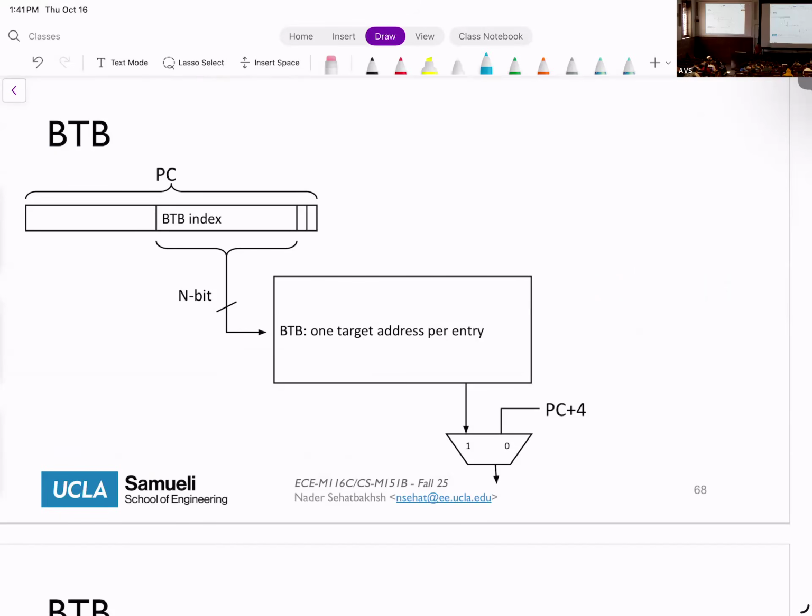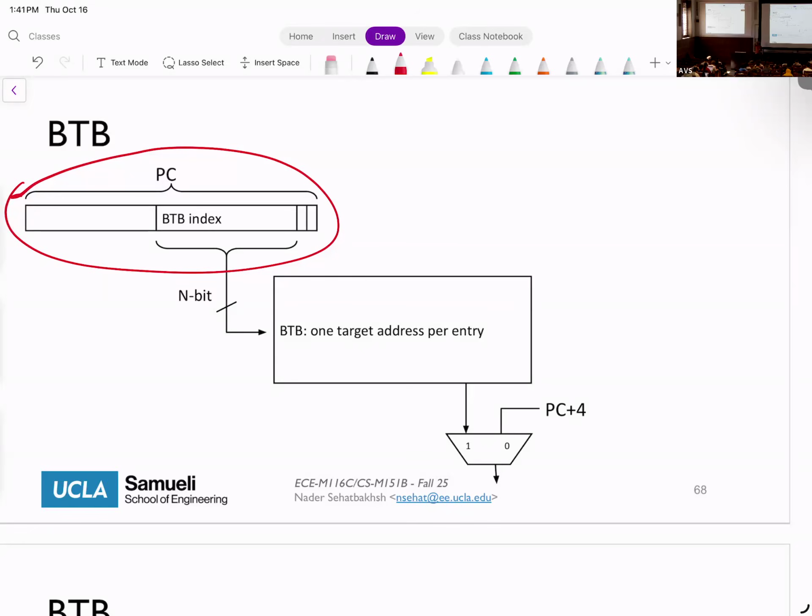In order to address your BTB, you don't need your entire PC, because if you need your entire PC, then you need a massive BTB, right? So what you would do is take the lower bits of the PC and use that to address the BTB. Why lower bits? Because lower bits give you spatial locality.